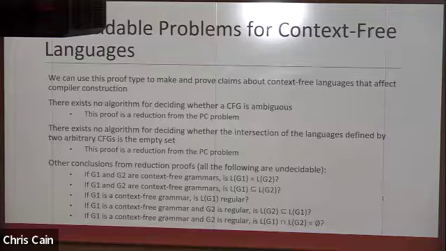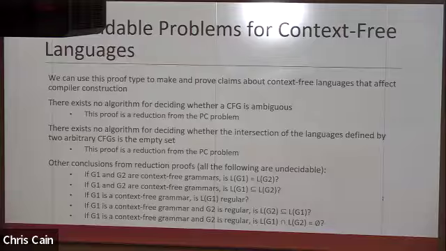You can apply similar kinds of logic to all of these problems, and it's worth thinking about if I gave you something like this. This is something that I could throw on an exam. Something like, if G1 and G2 are context-free grammars, is the language of G1 a subset of the language of G2? And you could walk through, if this is undecidable, how would you show it?